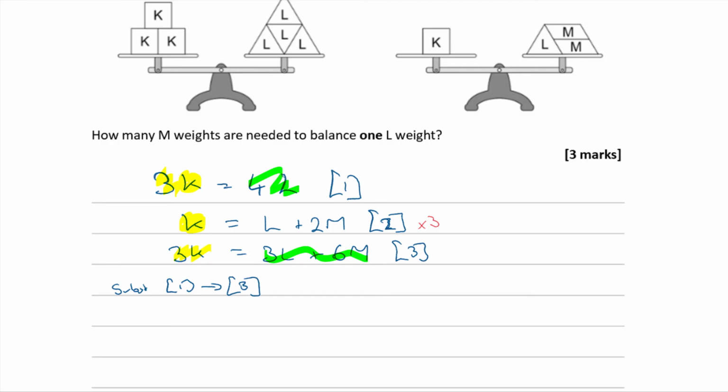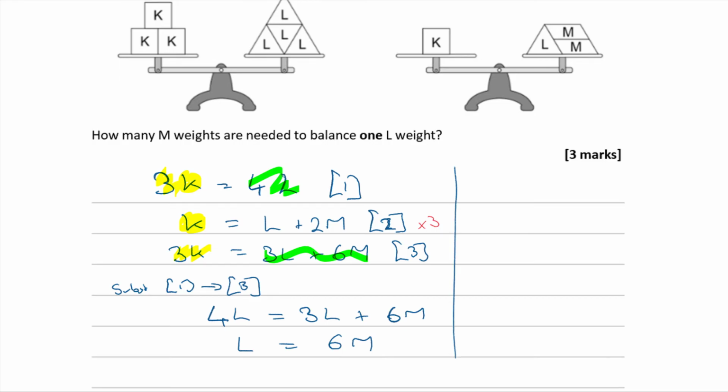So 4L must be equal to 3L plus 6M. Taking 3L away from both sides, I get L equals 6M. So 1L must be equal to 6M. Seems like a lot, but I'm guessing that must be right because I did the algebra and that's what it came to.